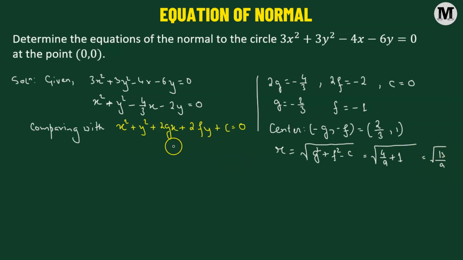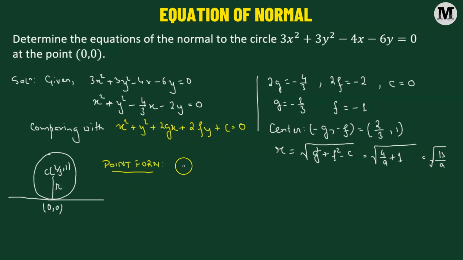Now let's find the equation of the line which is tangent to the circle at the point 0, 0. Here we have the circle centered at 2/3 comma 1 with radius r, which is the square root of 13/9, and we can find the equation of this tangent by using the point form.